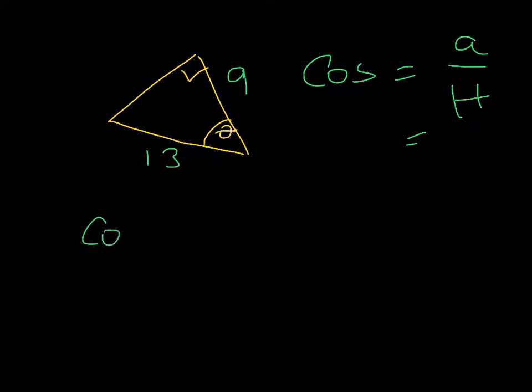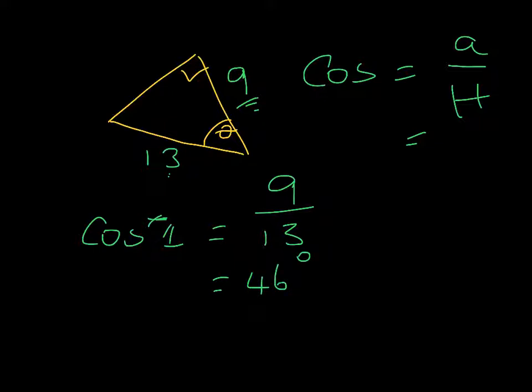So we have second function cos, equals adjacent figure 9, which is this one here because it's next to the degrees we're looking for, over 13, which is our hypotenuse. Once again, after we punch it into our calculator, the nearest degree is 46 degrees. So this here is this angle.